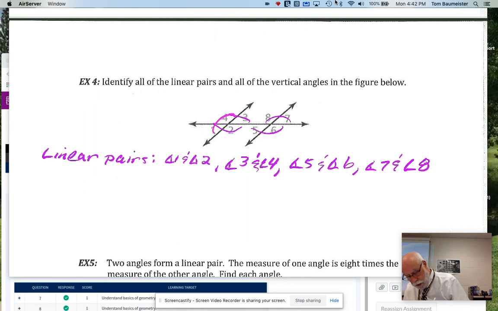So here, let's go ahead and erase all the purple ones so we can see the pink ones there. So we can say that angle 1 and angle 4. We can say angle 2 and angle 3. We can say angle 5 and angle 8.